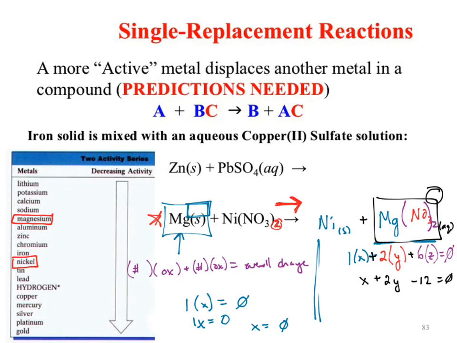Okay? Until I remember one useful bit of information. What kind of bond is connecting the magnesium to the nitrate? This is an ionic bond. Because it is an ionic bond, I can split those pieces into the ions.